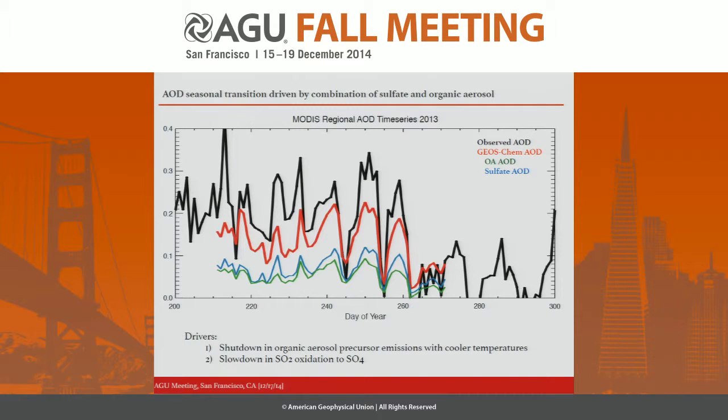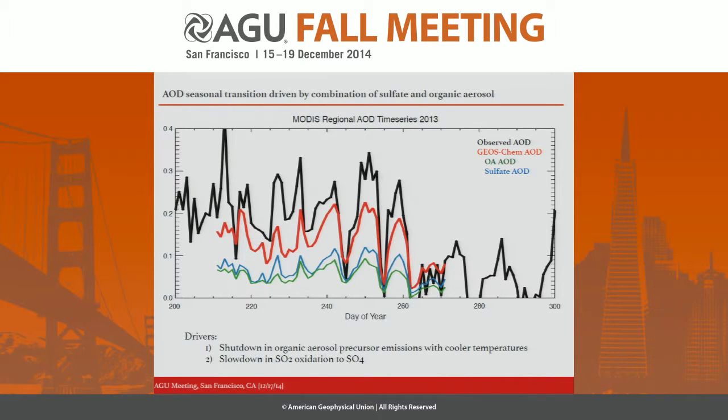The first is that there's a shutdown in the natural emissions with cooler temperatures. So think less isoprene, less formation of SOA precursors. As I showed you earlier, isoprene also bleeds over into sulfate through the Criegee intermediates. Sulfate actually has a second contribution from the shutdown in SO2 oxidation.